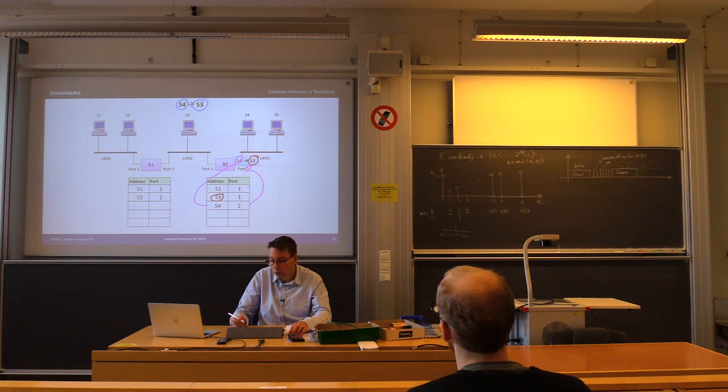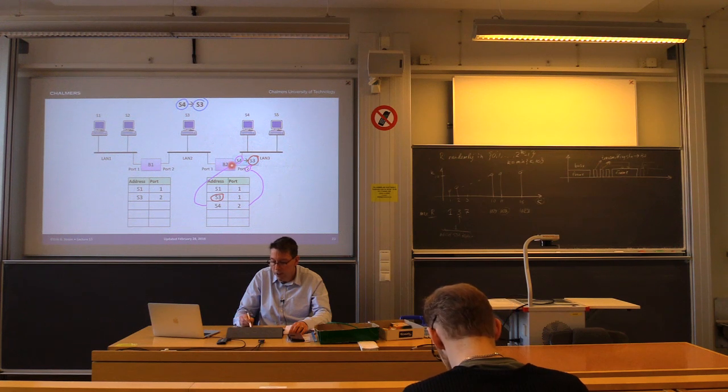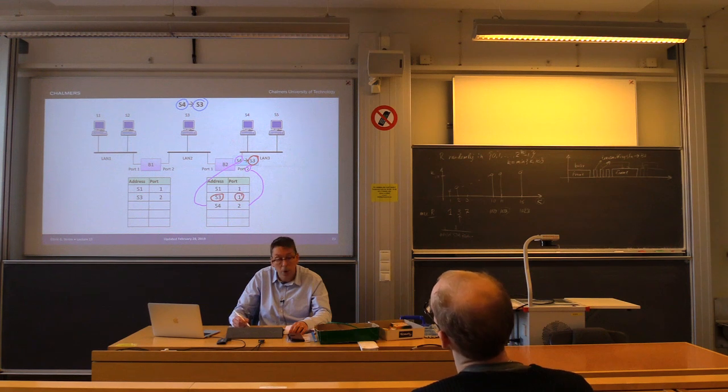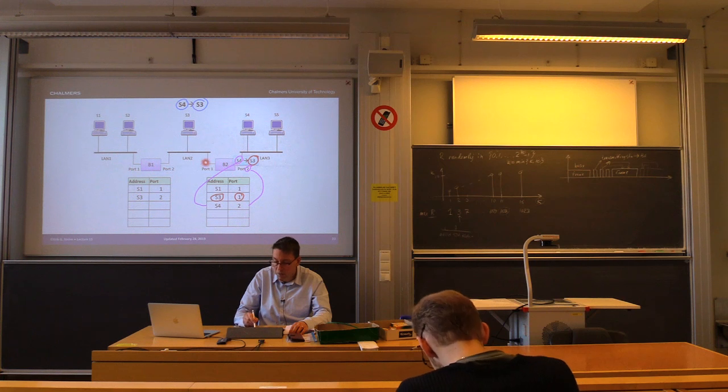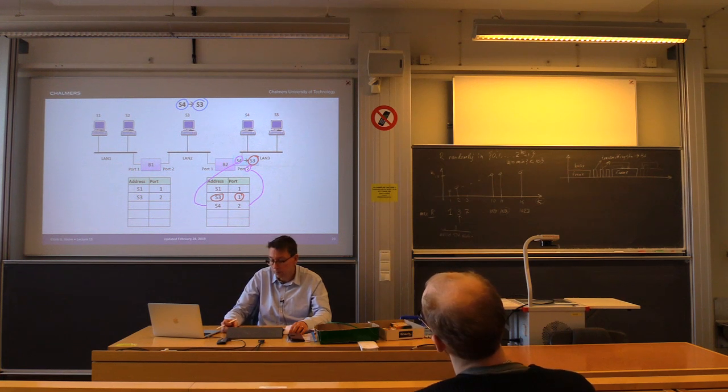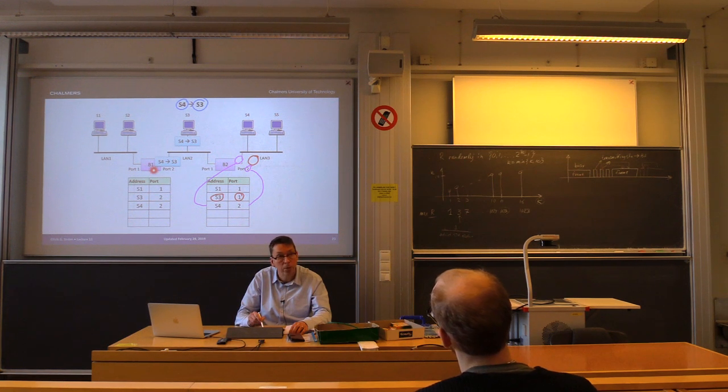So it knows that whenever there is a packet to S3 coming to this bridge, it should go out on port number 1. So it forwards the packet to port number 1. It goes out over port number 1 and is picked up by S3, and it's picked up by bridge number 2. So now connectivity has been established from S4 to S3.